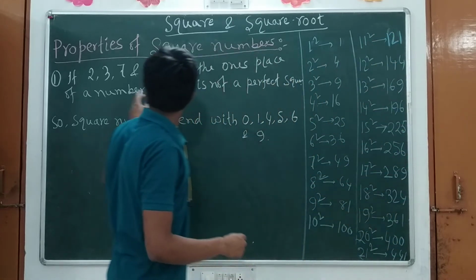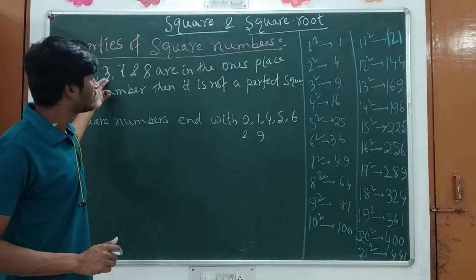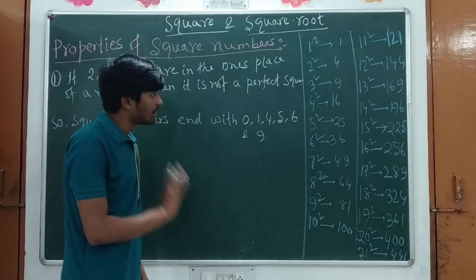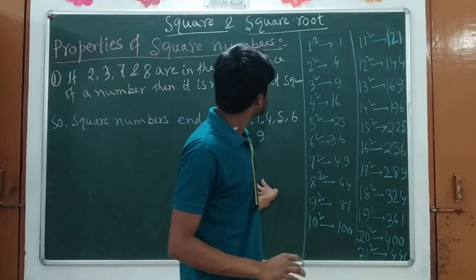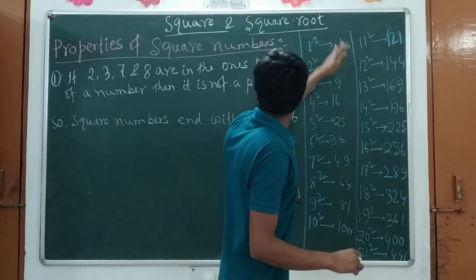You can see there is no 2, 3, 7 or 8 in the unit place of a square number. So for a perfect square number, the ones place should not be 2, 3, 7 or 8.